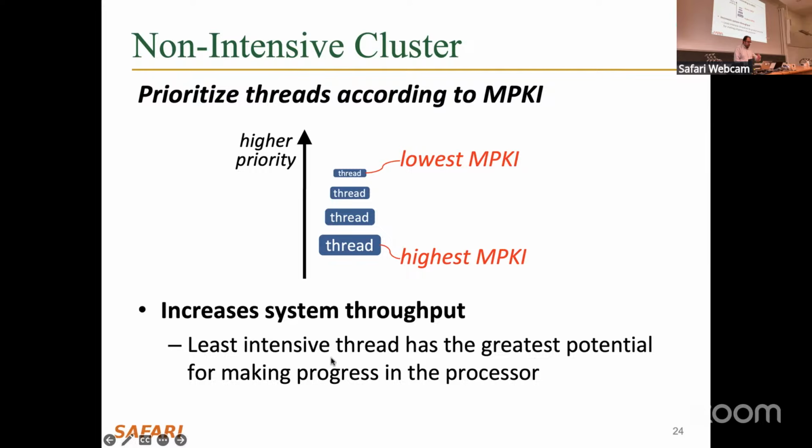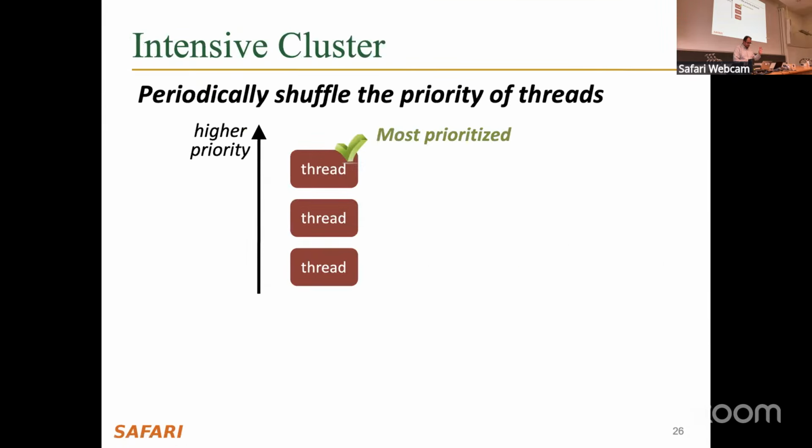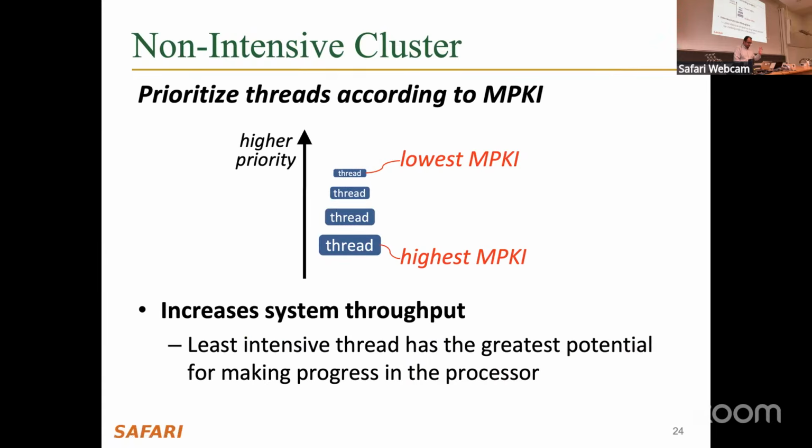Sorry, these are in the non-intensive cluster, I got confused. So in the non-intensive cluster, which is already prioritized over the intensive cluster, we might also have different threads. How do you rank them? You can rank them based on MPKI. Again, we prioritize threads that have the lowest MPKI over the other threads in that cluster, which in the end increases system throughput.